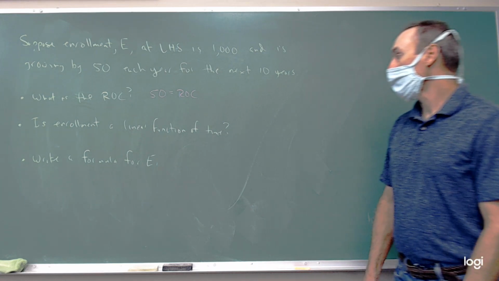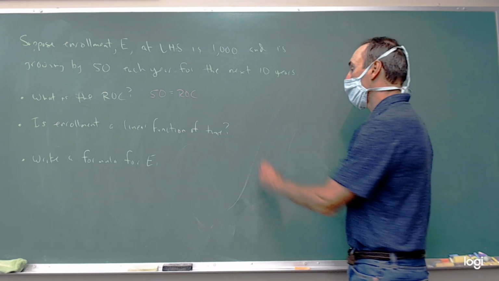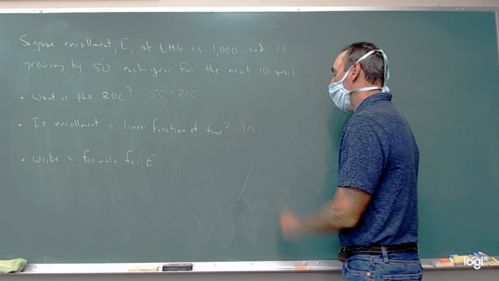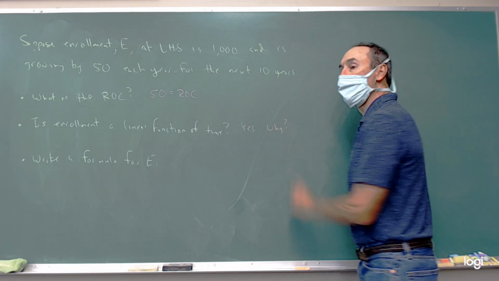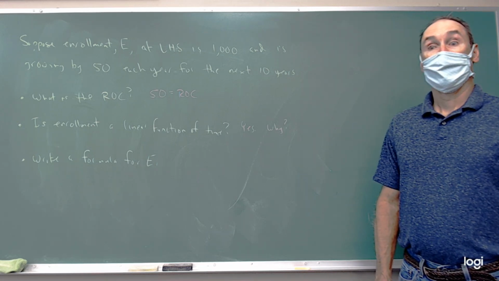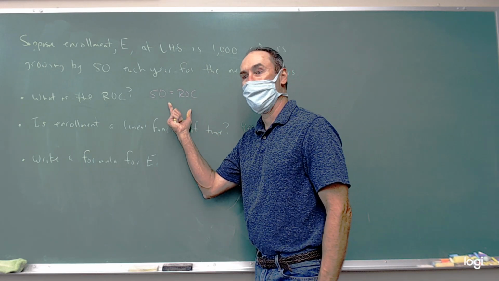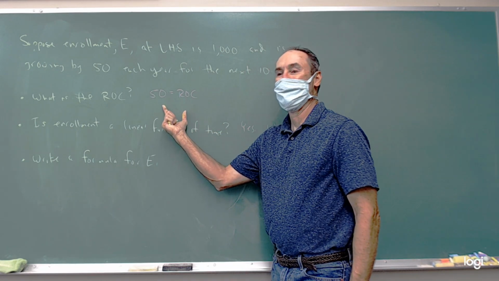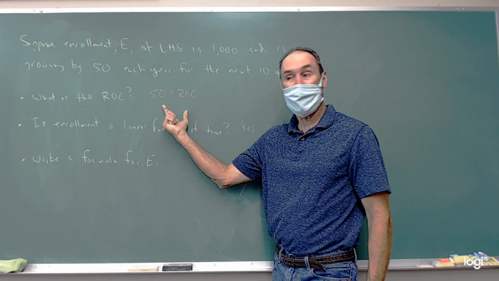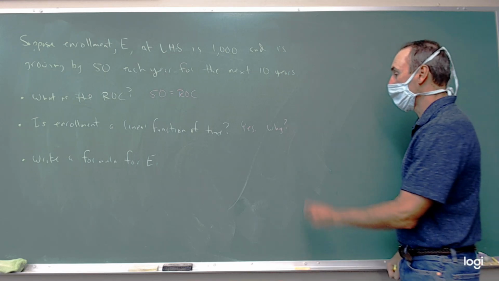And is enrollment a linear function of time? Yes. Okay, convince me. Why? Because it's growing by a constant rate. Yeah, the rate of change is constant. Is that what you're going to say too? Yes, since our rate of change is constant, it's 50 each year, then it's going to be linear.